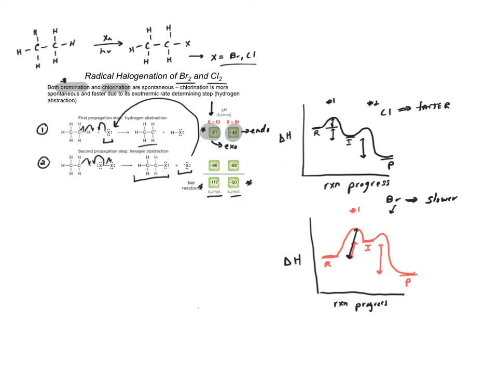So the activation energy for chlorine is much smaller compared to the activation energy for bromine. Because of that, bromination is a slower process compared to chlorination.